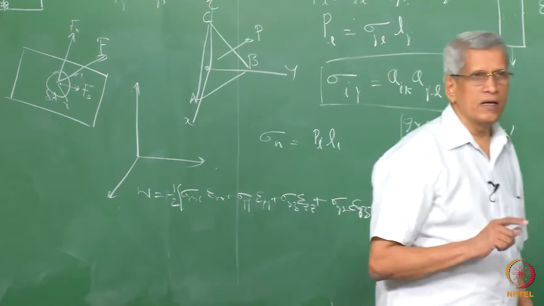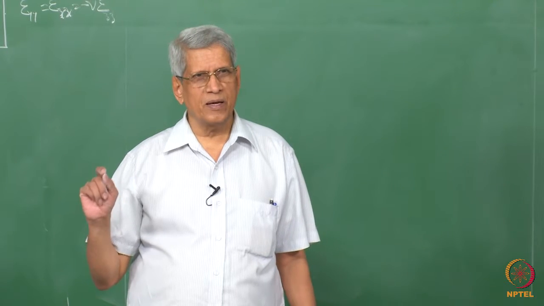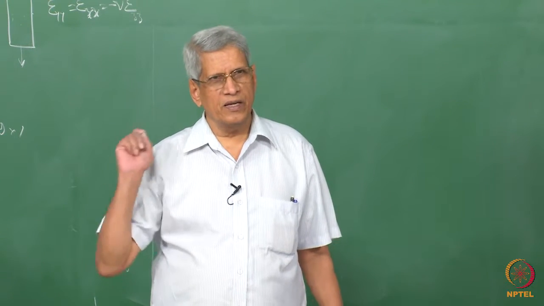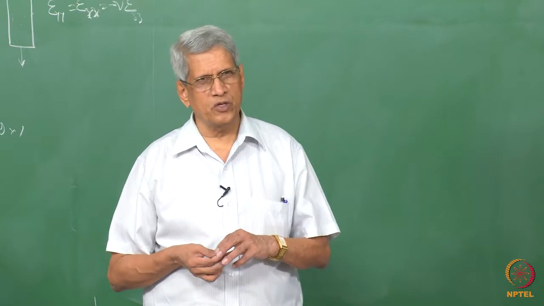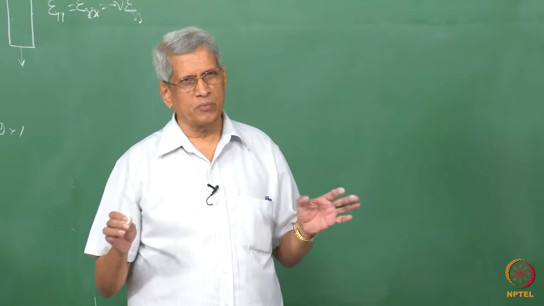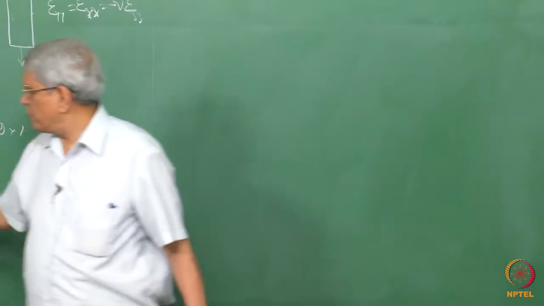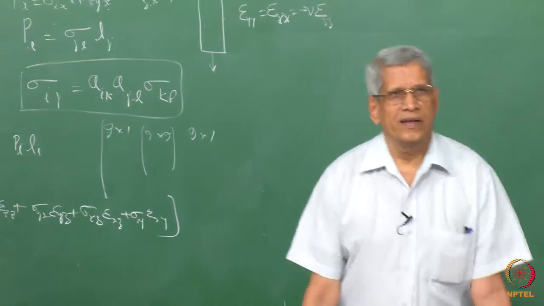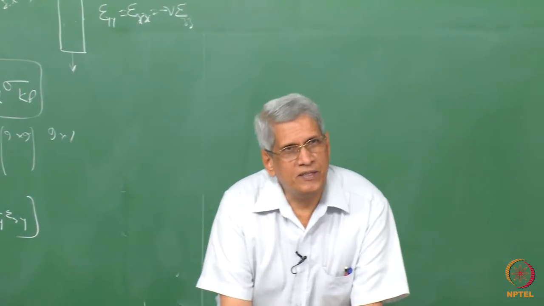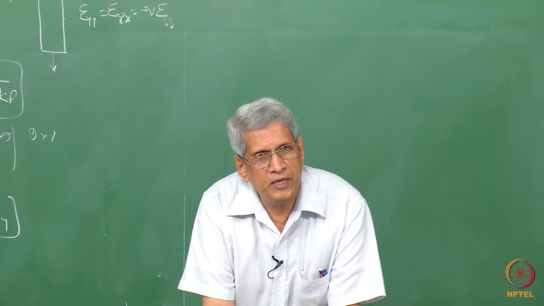Or finally, substituting for strain in terms of displacements, because the strain we define with respect to displacement of the atom from the lattice, the normal position, we can write this in terms of nothing but the displacements itself. So all three forms can be done.